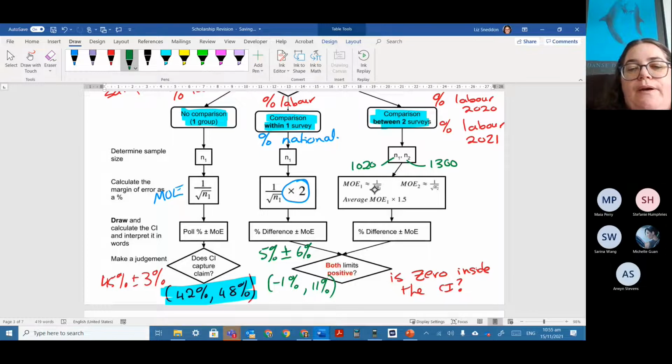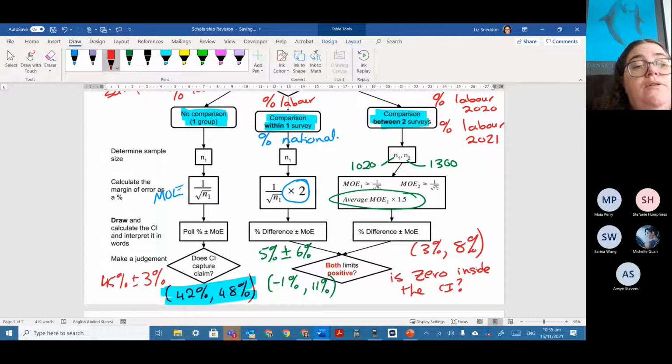So in that case, we do our margin of error for each sample size, do the average times 1.5. But we'll still get a confidence interval. And so say I got a confidence interval where, let me just say, 3% and 8%. I could look at that and say, is 0 inside that confidence interval?